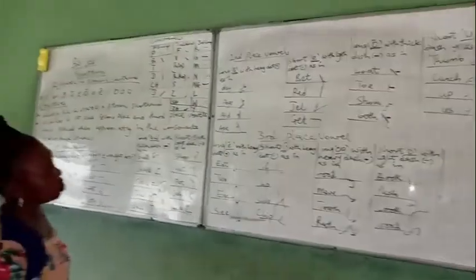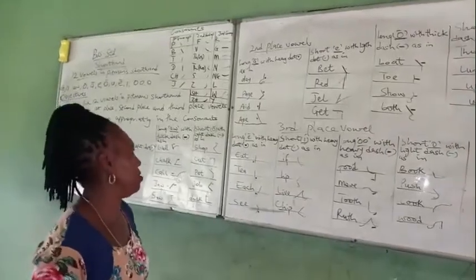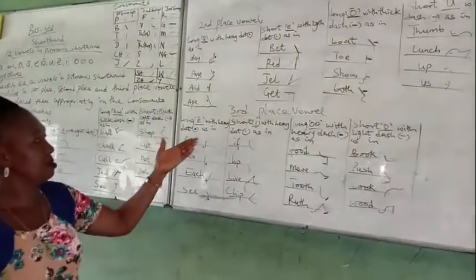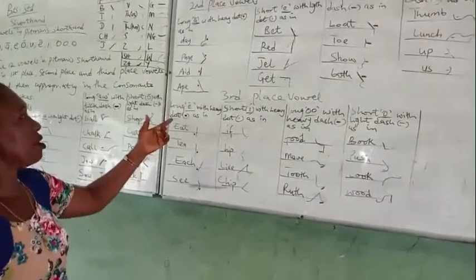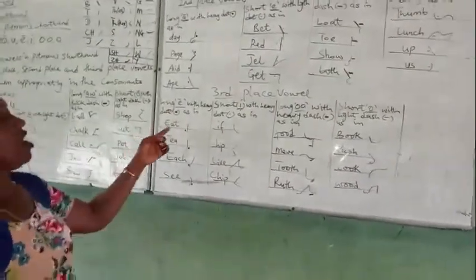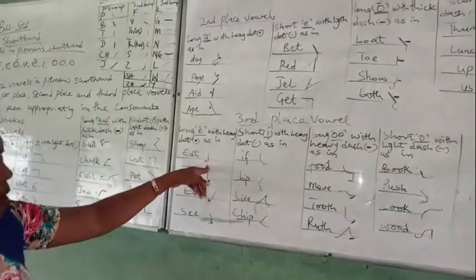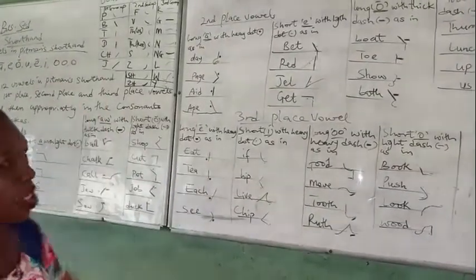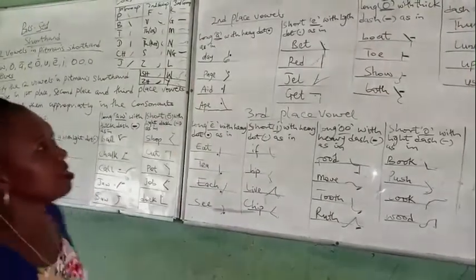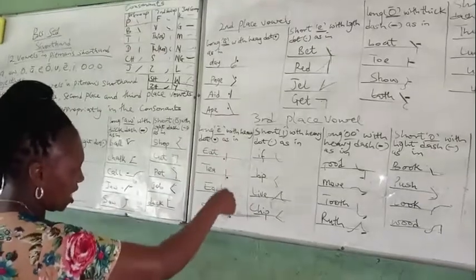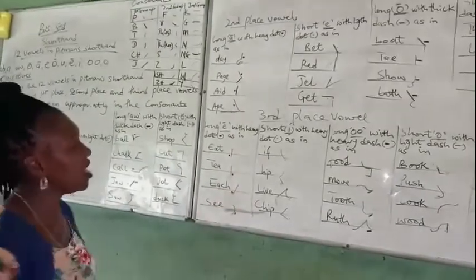Then, coming to the third place vowel, the long E uses a heavy dot, as in eat. In the third place vowel, you make sure that you write the signs or strokes through the line. You must cross the line.